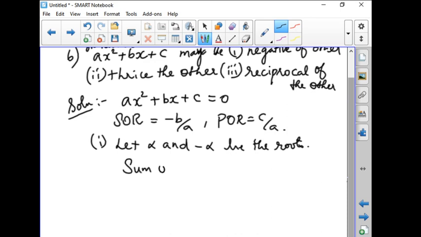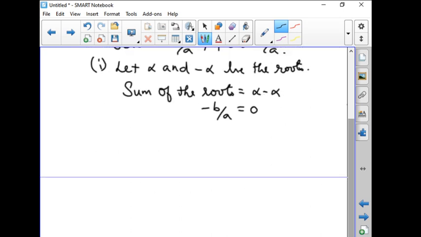Sum of the roots is alpha minus alpha. The sum of the roots is minus b by a. This is equal to 0. So when cross multiplying, minus b equal to 0, that implies b equal to 0. So the condition for one root of the given equation to be the negative of the other is b equal to 0.